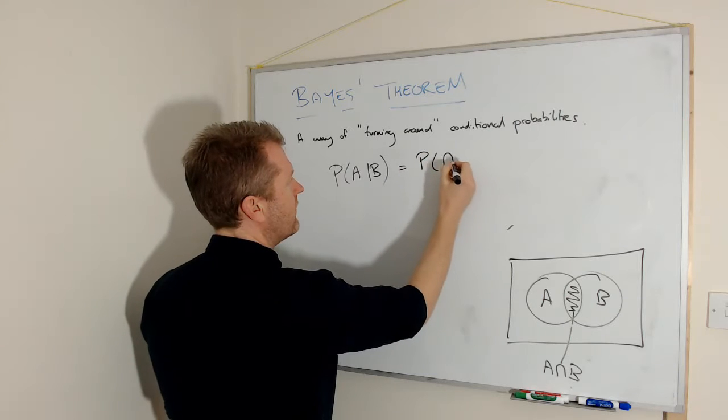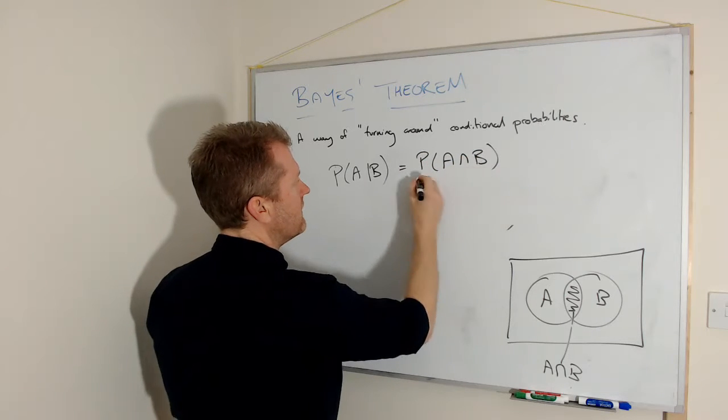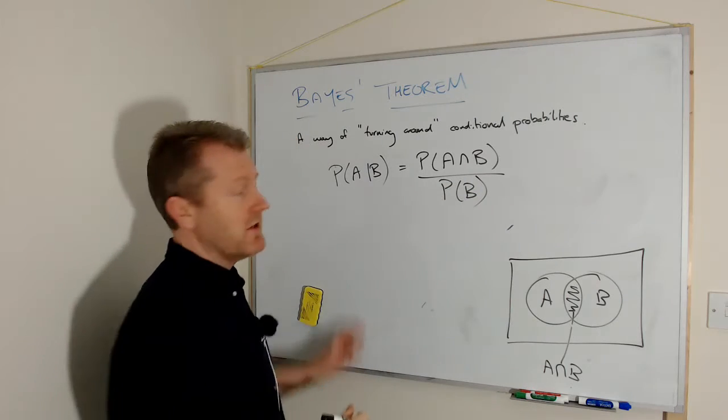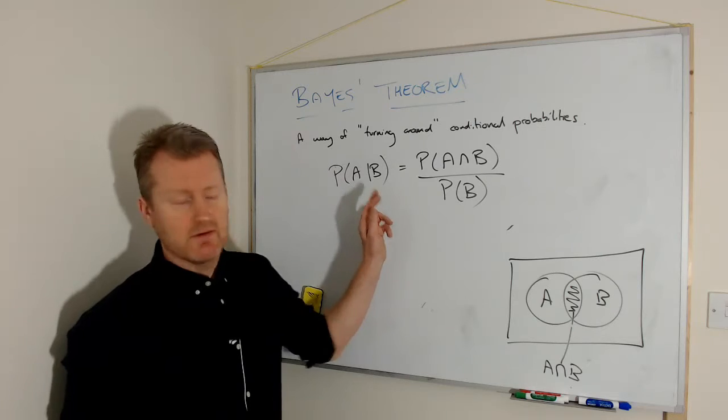So this is the formula for a conditional probability, and we're going to use this result to derive Bayes' theorem.